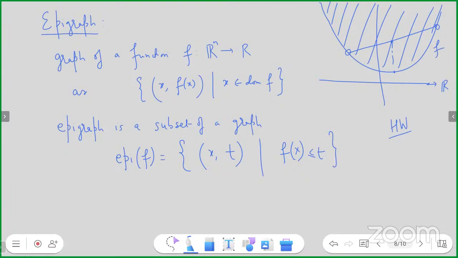See, here the advantage is I don't need differentiability. So when I'm asked whether this function is convex, I can give you an answer without knowing its differentiability.